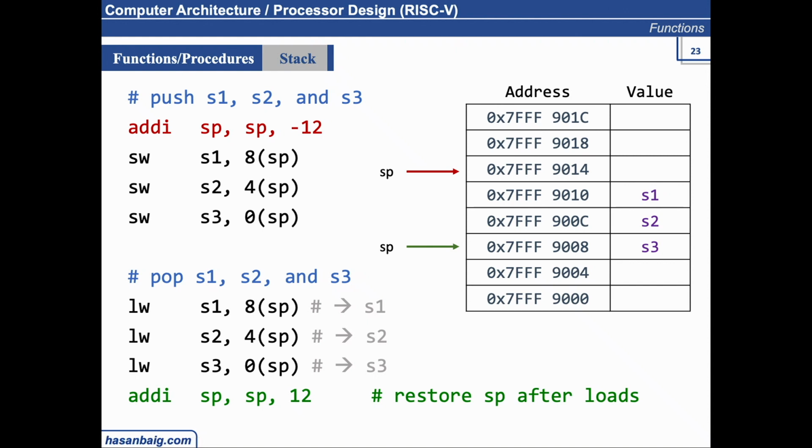It will only increase the number of instructions. You can see we read the values S1, S2 and S3 and update SP all at the end. Is this implementation correct? If yes, why, and if not, why?